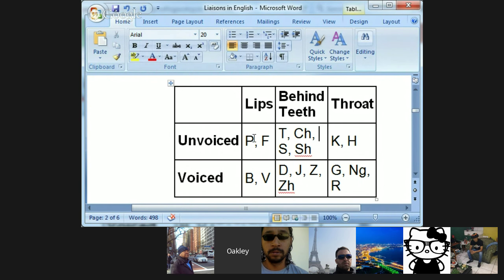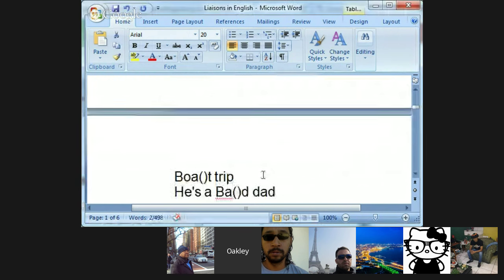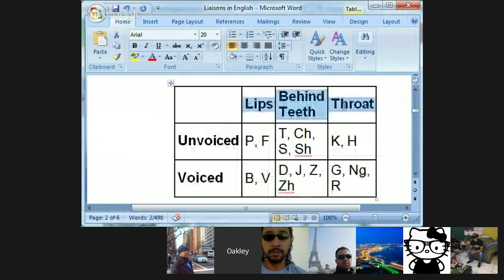So what are we saying here? The next word starts with a consonant in a similar position. These are the positions. So it's very easy for us to join sounds if your mouth is in the correct position and you just have to voice or unvoice a sound.